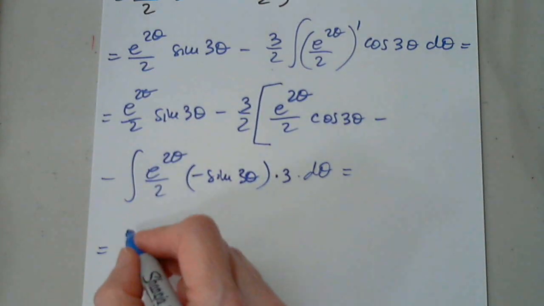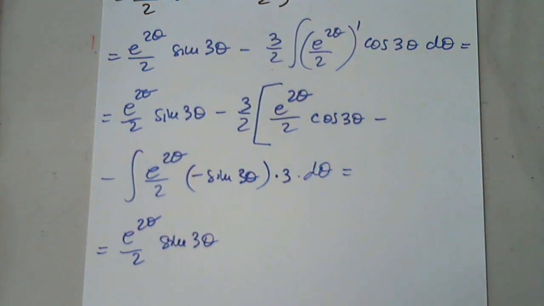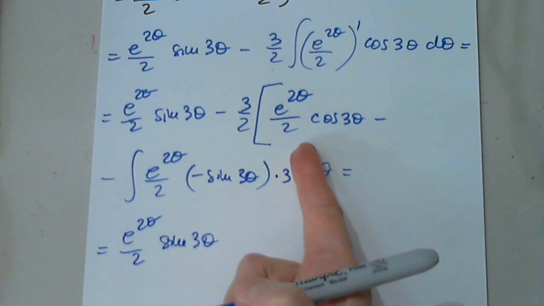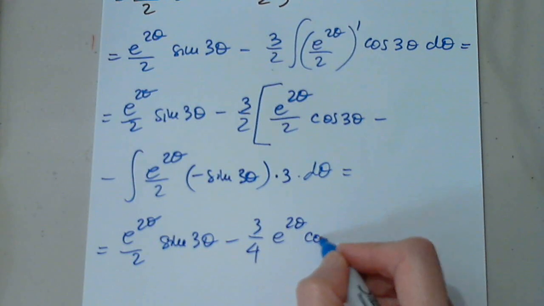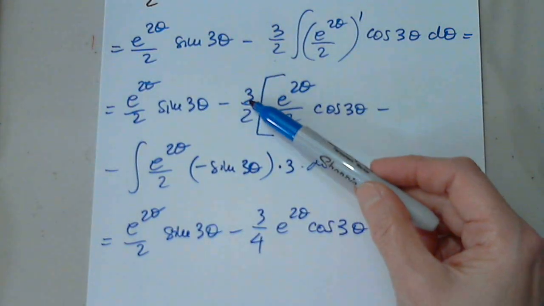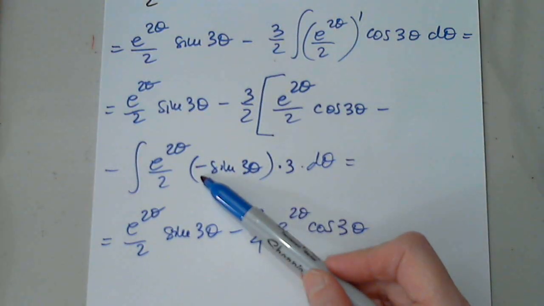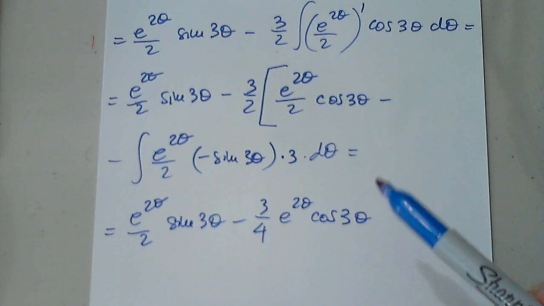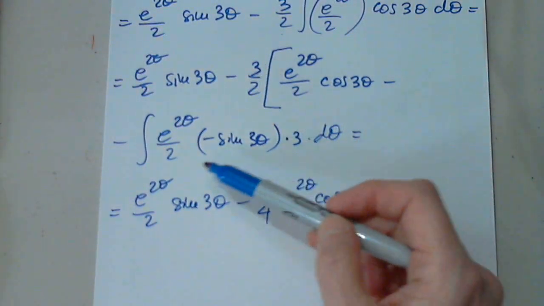Moving on, e to the 2 theta over 2 sine 3 theta, 3 over 2 times 2, minus 3/4 e to the 2 theta cosine 3 theta. Careful now. Negative 3/2 with a negative and another negative. So maybe I should do it in 2 steps. So 3 over 2 with 3 over 2 multiply.